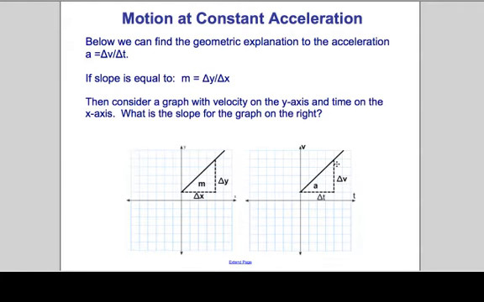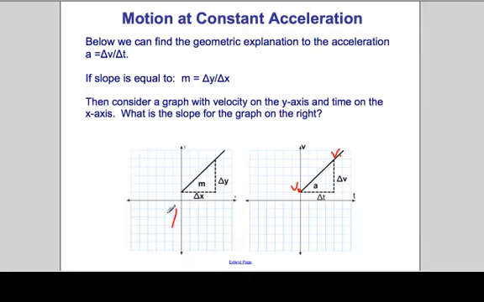Now keep in mind, let's just write quickly on the board. The starting speed is down here. The ending speed would be up there. That's the final speed. A little stray dot there. And the acceleration would be the rise over the run.